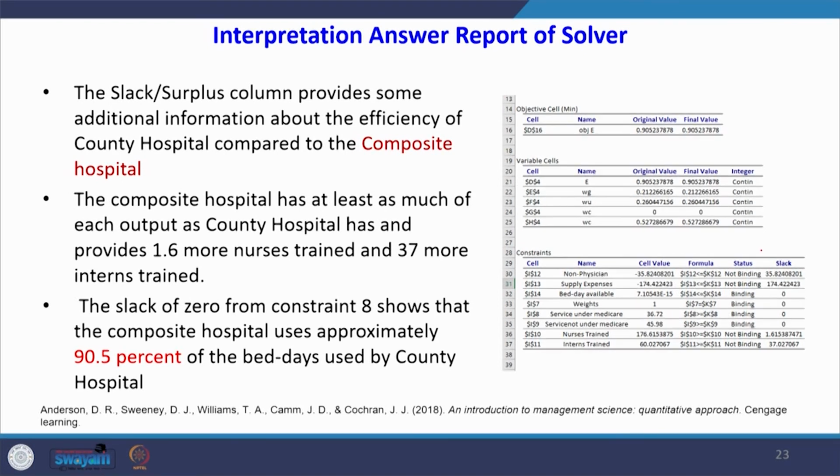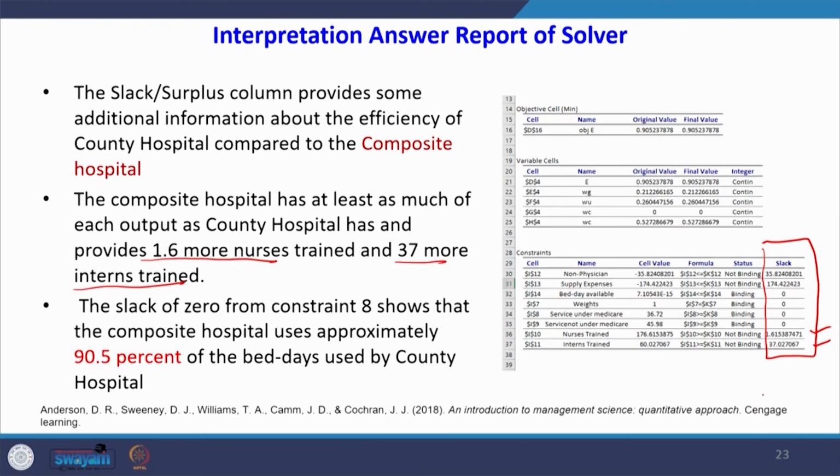Here, in this column, the composite hospital has at least as much of each output as county hospital has, and provides 1.6 more nurses trained and 37 more interns trained, because this is a surplus variable. Look at these two.